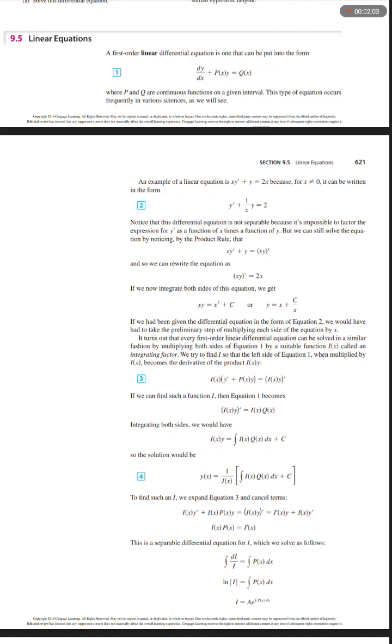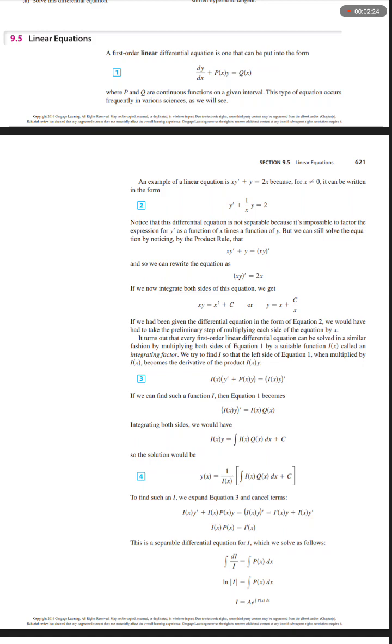Equation 3: I(x) times (y prime plus P(x) times y) equals (I(x) times y) prime.